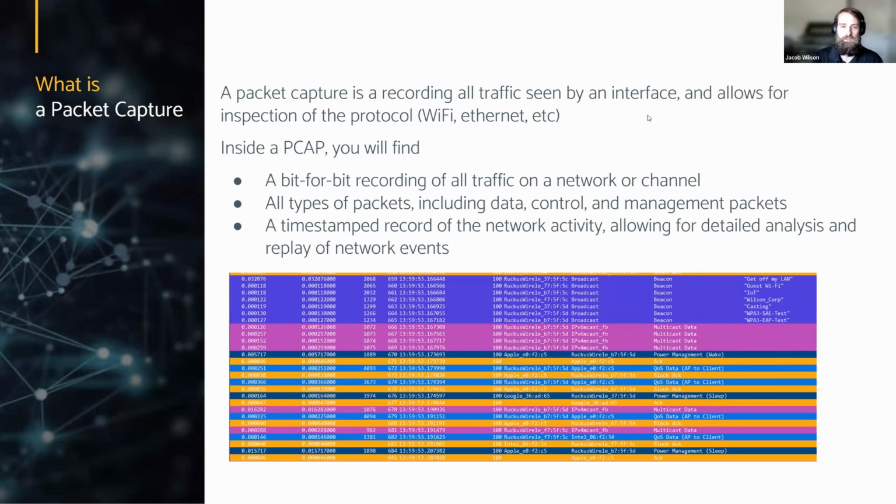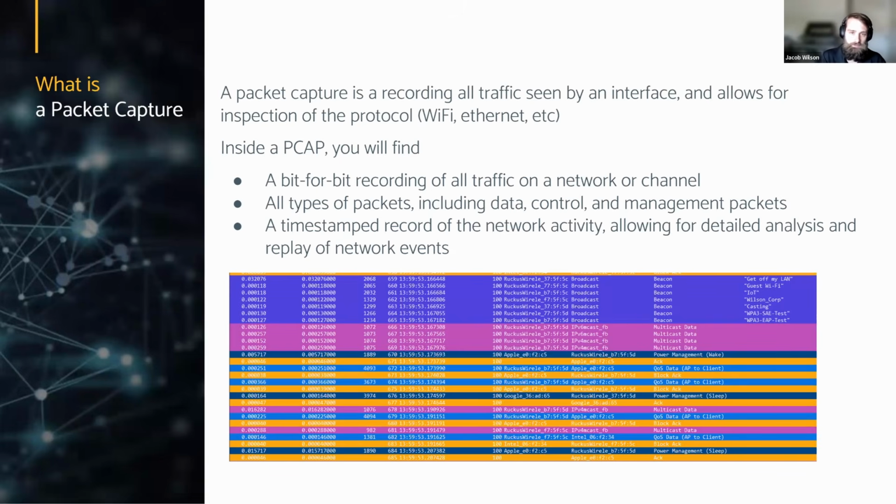Effectively, what a packet capture is, you have a network interface, a wired connection, a Wi-Fi connection, and a PCAP is really just a trace of all the traffic that interface is seeing, and it's actually protocol dependent. If you take a true Wi-Fi capture in monitor mode, you're going to get the Wi-Fi protocol. You take a capture from your Ethernet port, you'll get the Ethernet protocol, et cetera.